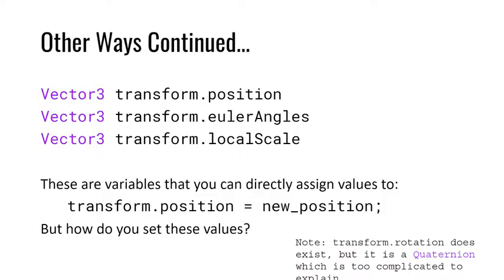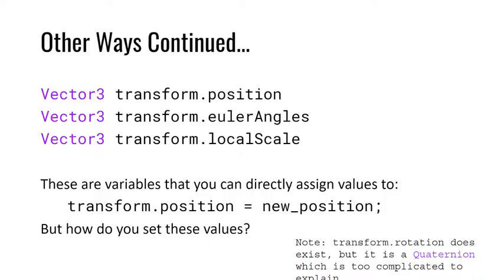The reason Unity and a lot of other programs use it is that it's easier for computers to calculate rotations using quaternions compared to Euler angles. But since most of us can only think in XYZ, we'll be using Euler angles instead of rotation. So you do transform.position equals a new position in order to set its values.